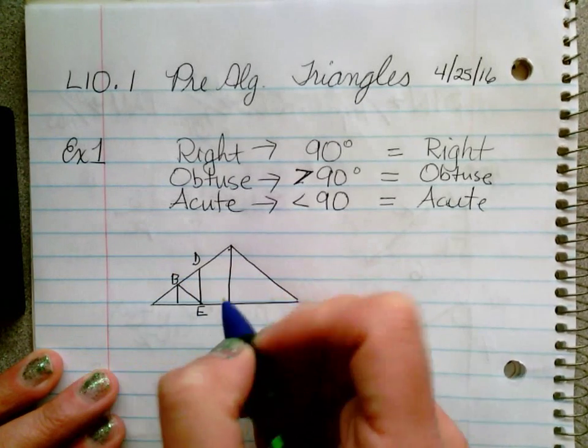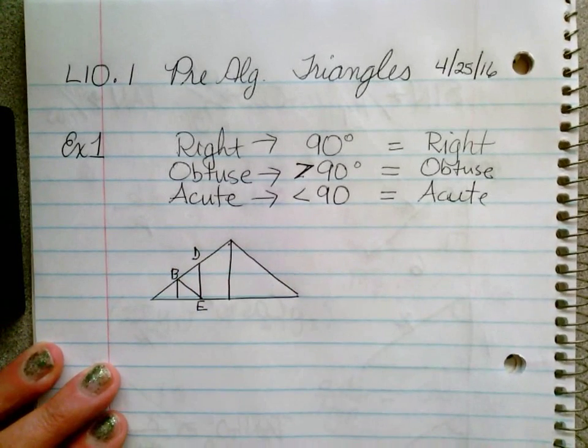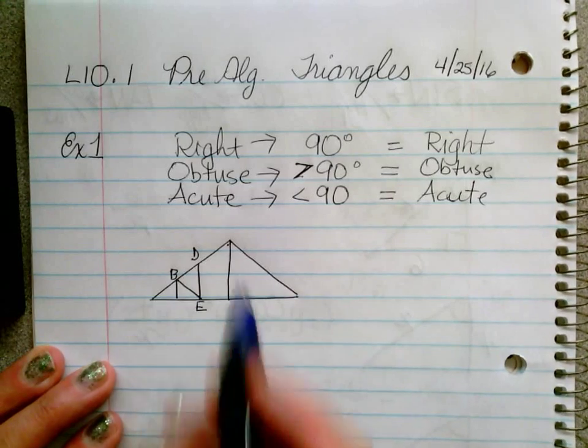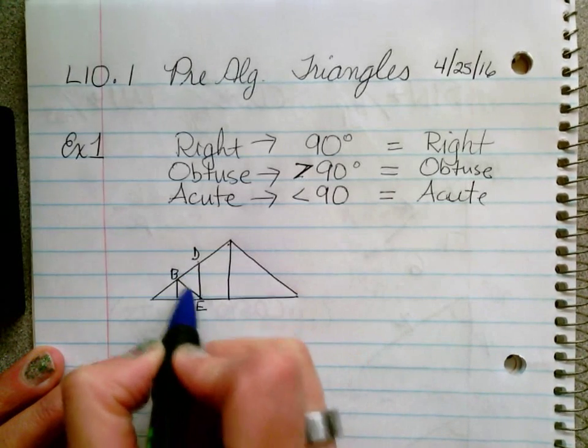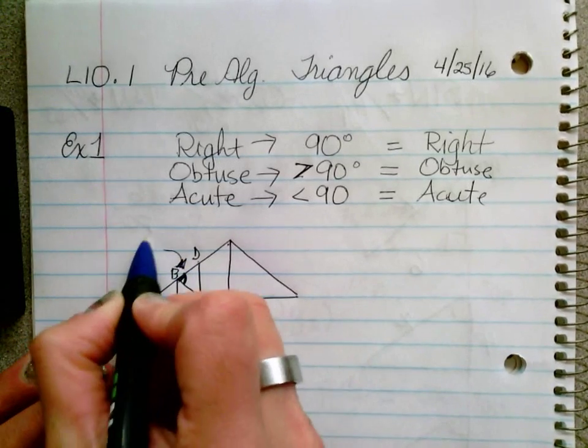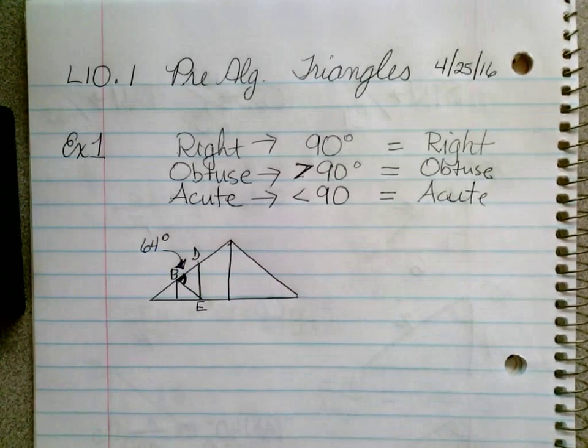D-B-E. I'm not sketching the whole thing. I only care about part of this. So within that, they have sketch DBE. The measure of angle DBE is 64. So that's this, DBE, right? 64 degrees. Everybody with me on this?